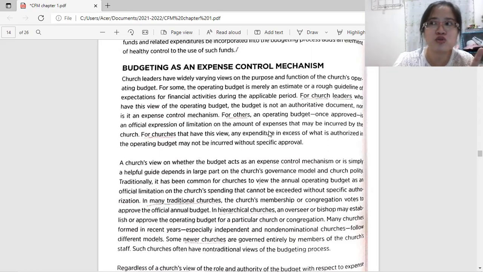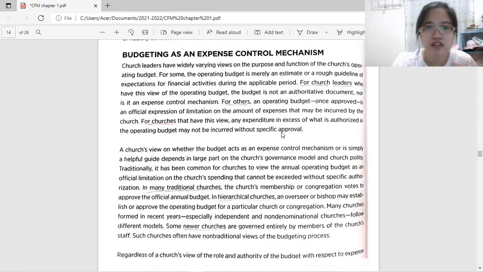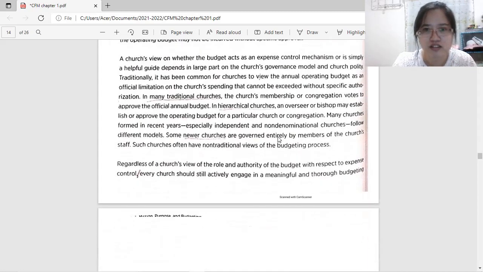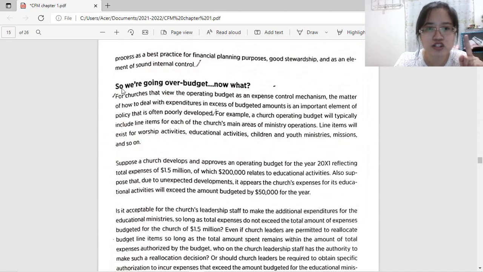It's difficult to spend money that you don't have. Okay? So you have cash inflow of 1 million. How do you expect to spend 1.2 million when you only have 1 million, right? It's simple common sense.